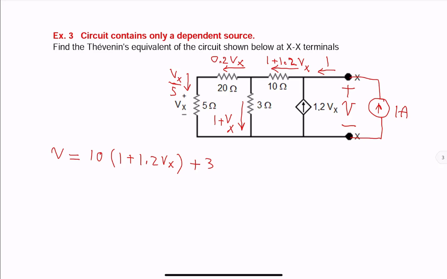So we have 3 times 1 plus Vx. And bottom of the 3 ohm is connected to the X at the bottom, negative side of V. So we are done. This gives us, simplify, we get 13 plus 15Vx. So let's try to find Vx now.